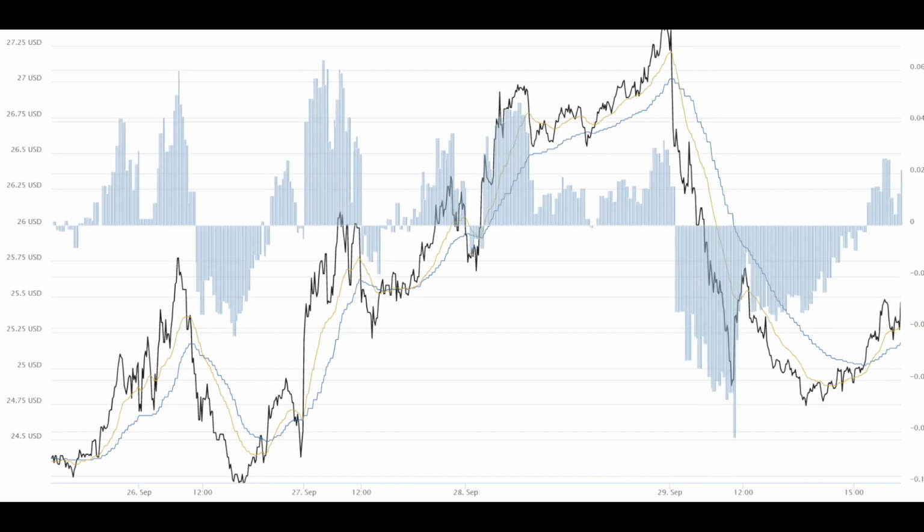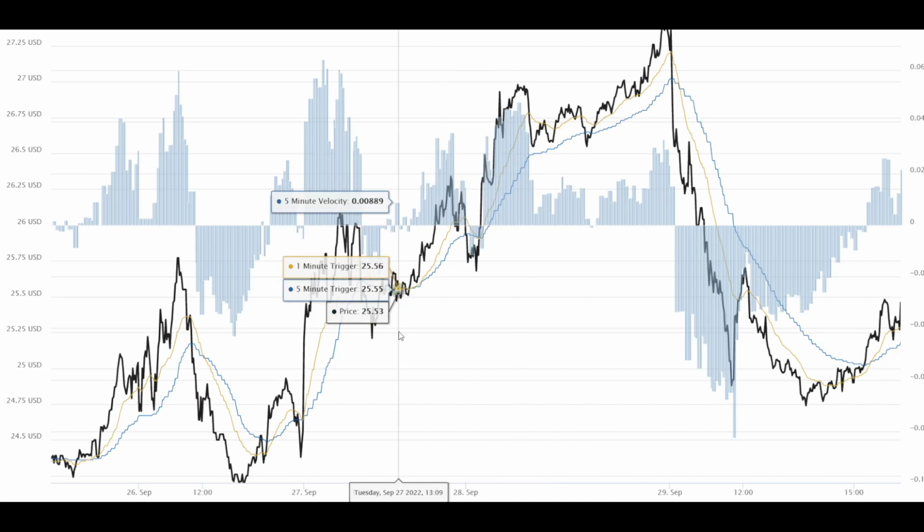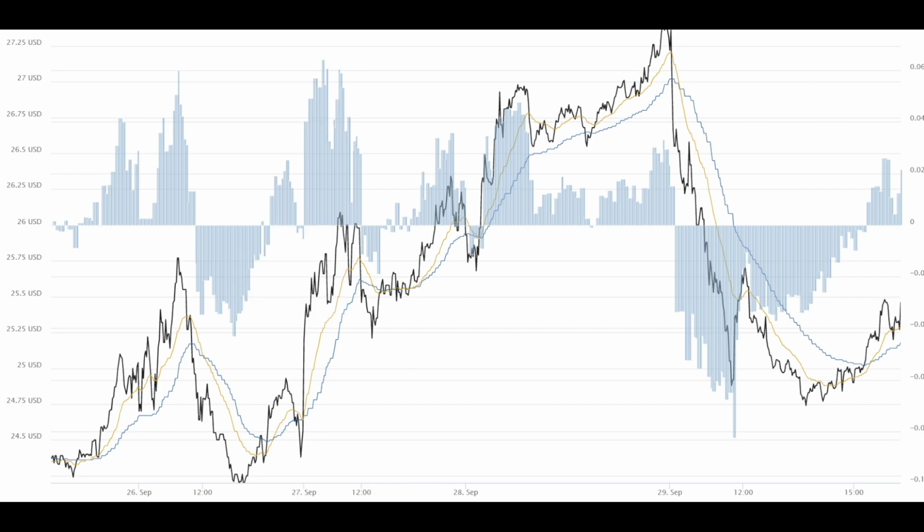So let's look at the 5-minute velocity. All right, now this is a great example of 5-minute divergence. The way 5-minute divergences work is you want to go by 3. If you want to guess that a big sell-off is coming, technically you could do it after 1 or 2 divergences, but you really want to wait for 3 new highs.